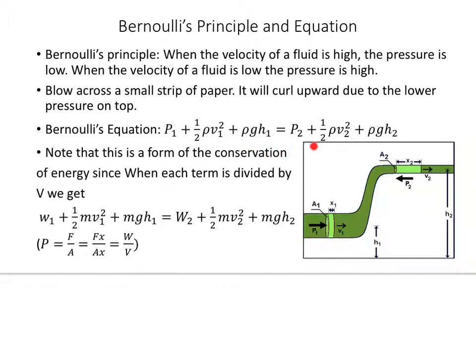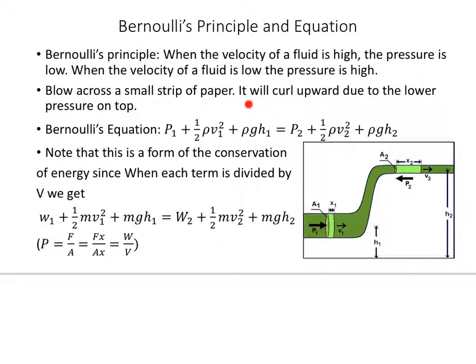Okay, this is Bernoulli's equation, and it says P1 plus 1/2 density of the liquid times V1 squared plus the density of the liquid times g times h1 equals any other pressure, P2, plus 1/2 density times V2 squared plus density times g times h2.